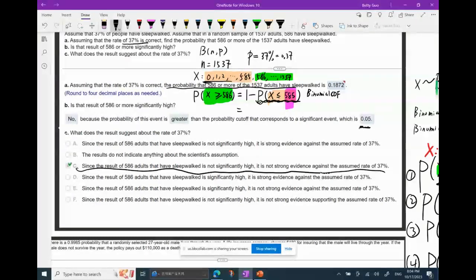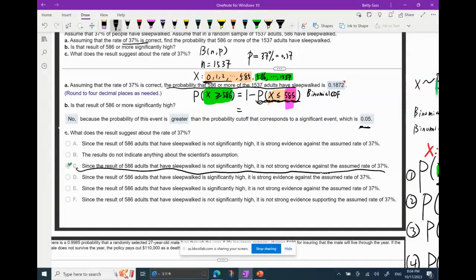So here our assumption is 37%. And you do your own research and you do not get a significantly high result, like the rare event does not happen. 18%, 19% is not rare. It could happen by chance. So there's no reason you challenge the assumption of a 37% rate.